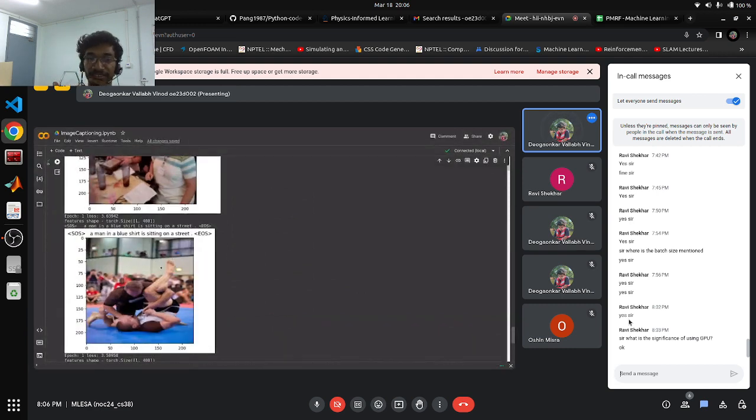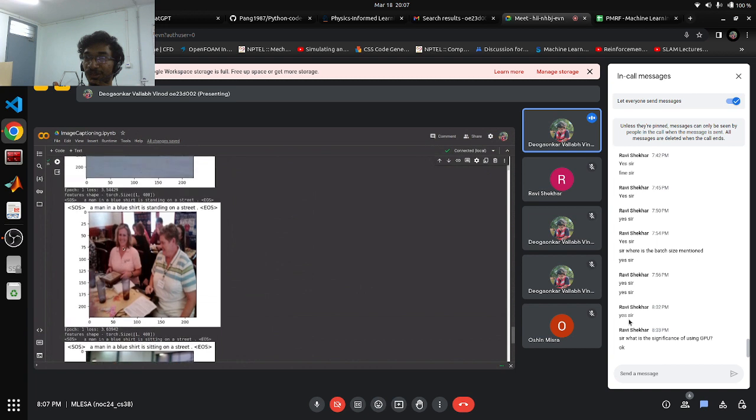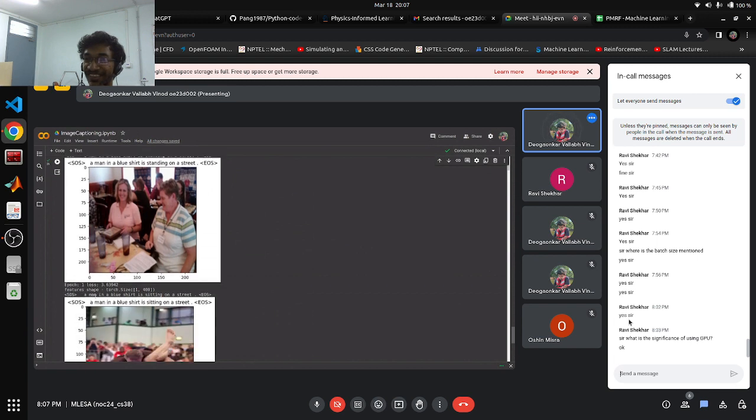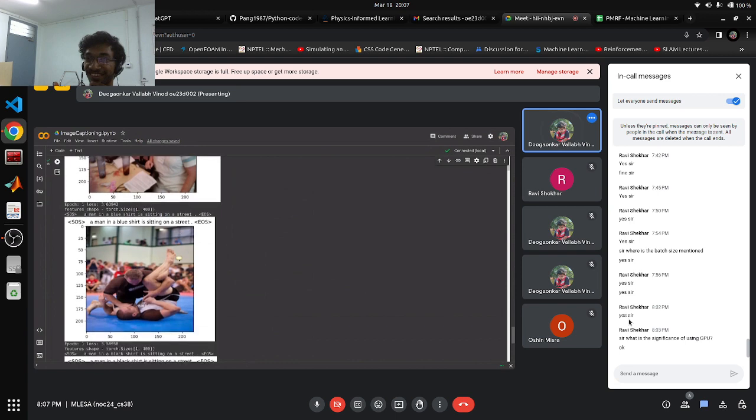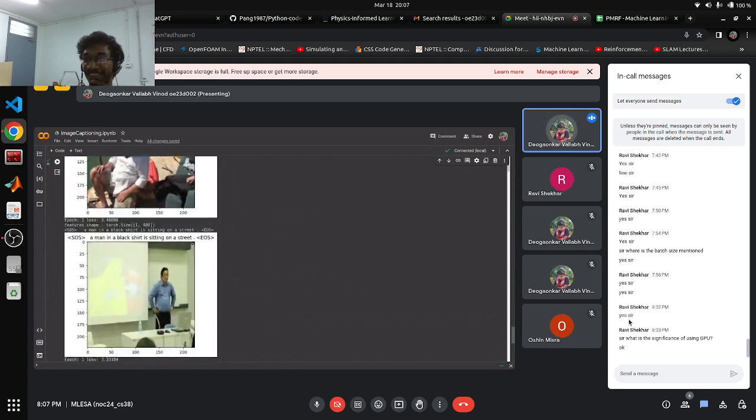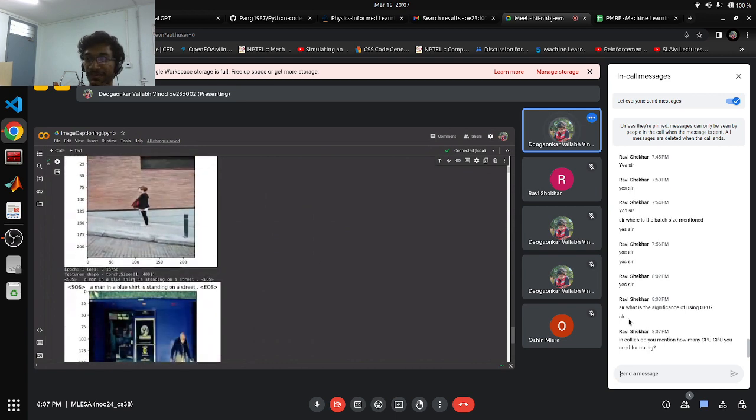You'll see that in the start the model was very bad at its captioning task. It keeps putting the same caption all the time: a man in blue shirt is standing on street. In fact, it keeps that same caption for a long time.